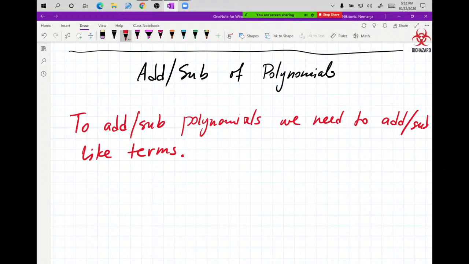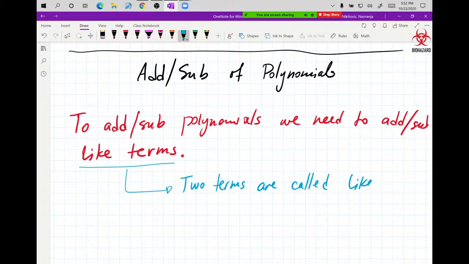Now, what is a like term? Two terms are called like terms if they have an identical variable part.